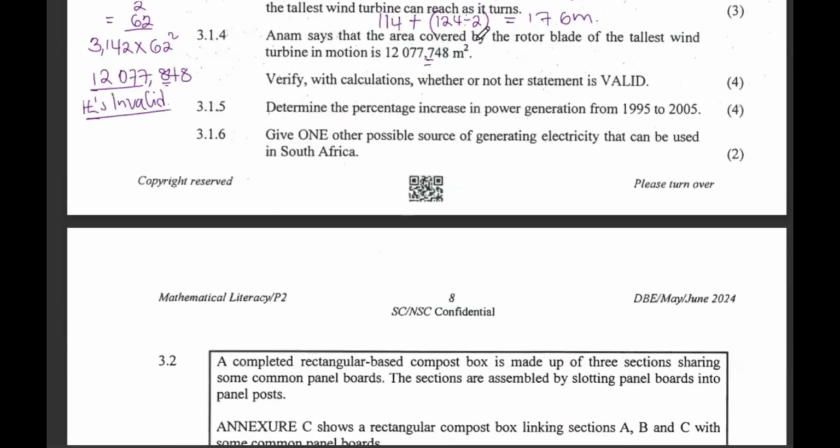3.1.5. Determine the percentage increase in power generation from 1995 to 2005. It's around 10 years difference.